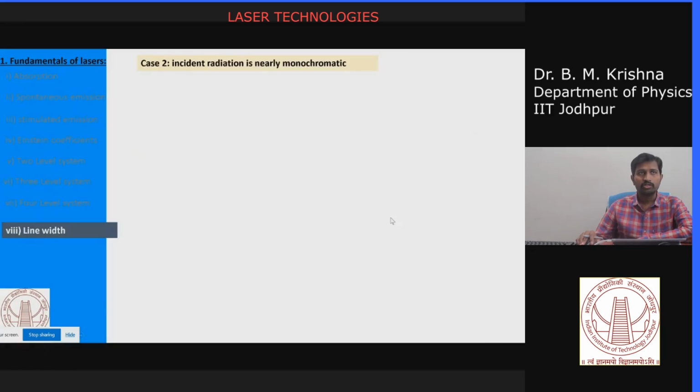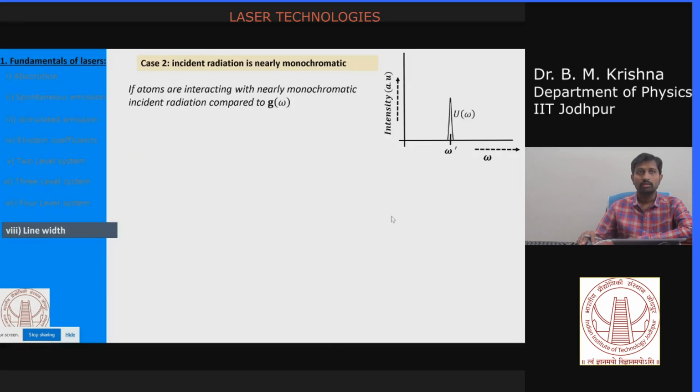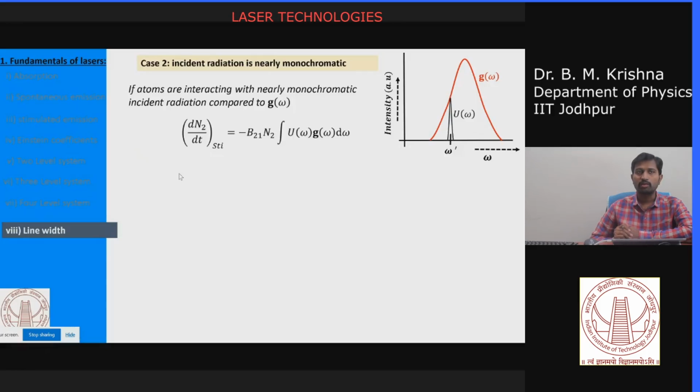Now the other case: your incident radiation is nearly monochromatic around a frequency omega prime, compared to your g of omega. Your line shape function is this one, and compared to g of omega, your incident radiation is nearly monochromatic. Now how about your stimulated emission rate?